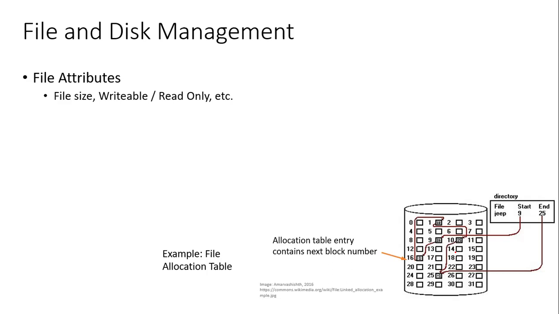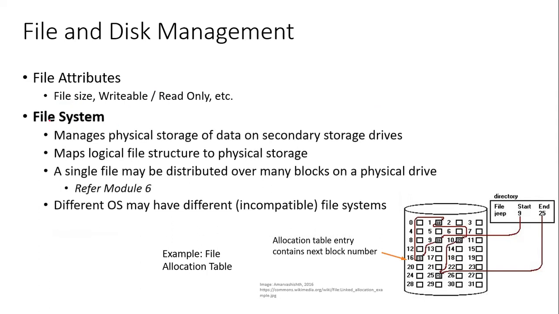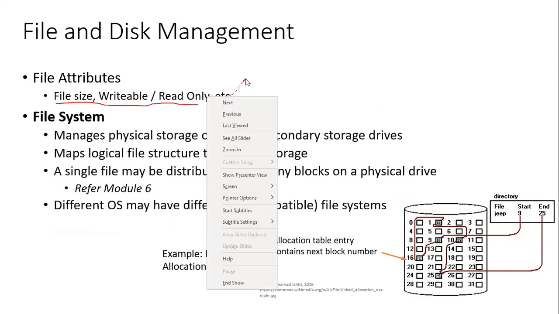But for now, I don't want to go that detailed. Overall, what you should understand is a place with specific numbers, or a table, and the common attributes of files: the file size, readable, writable, read only, and a lot of different file attributes. I've just given a few.